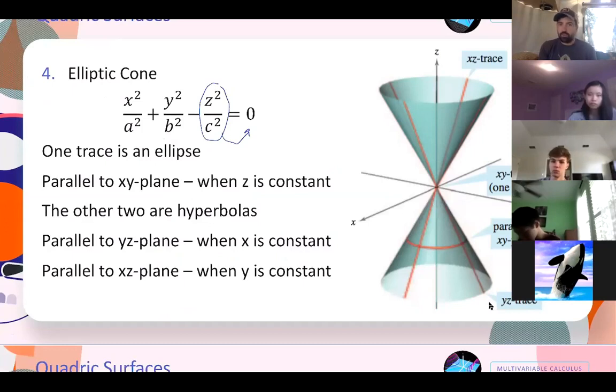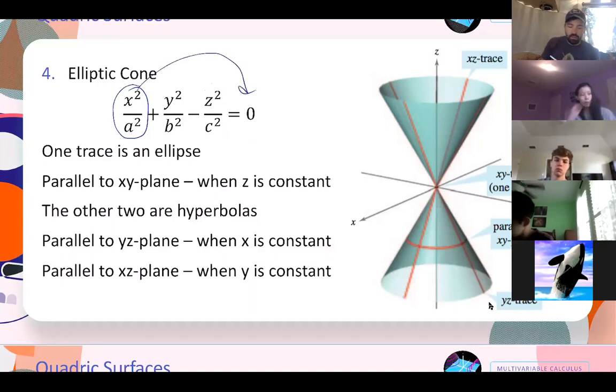X squared plus Y squared equals some constant. That'll be ellipses. If we plug in constants here and moved it over, that would be a hyperbola. If we plugged in constants here and moved it over, that would be a hyperbola as well. That's where those traces are coming from.